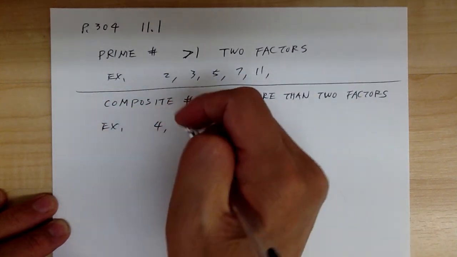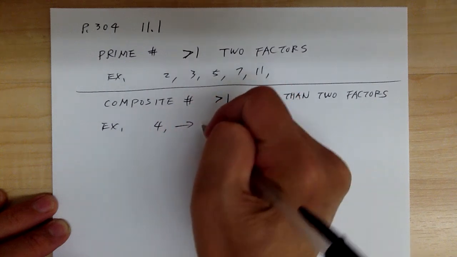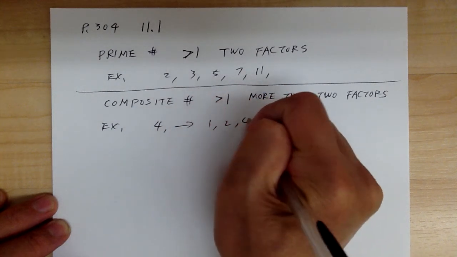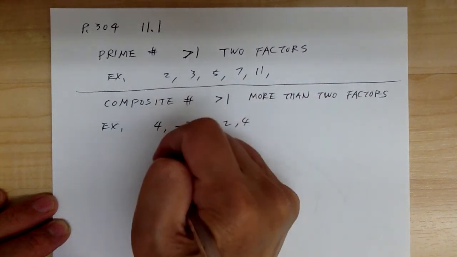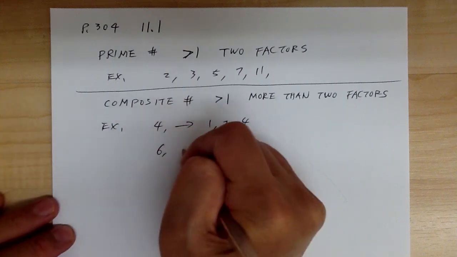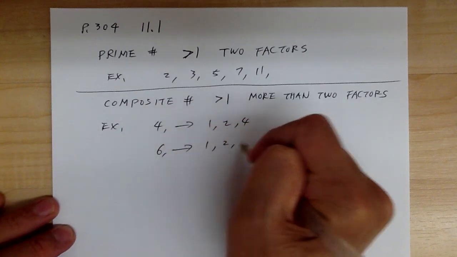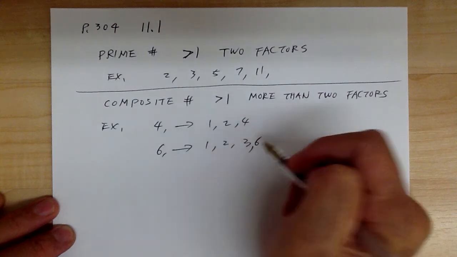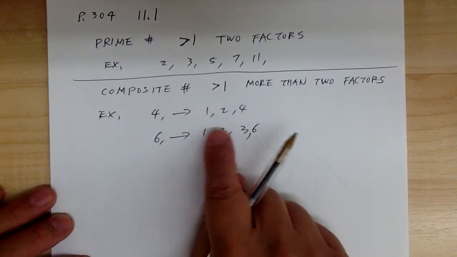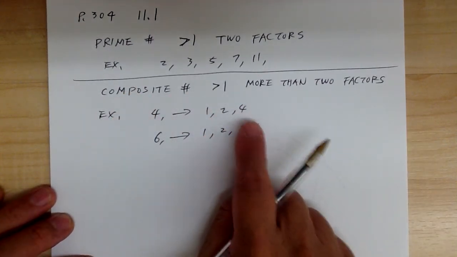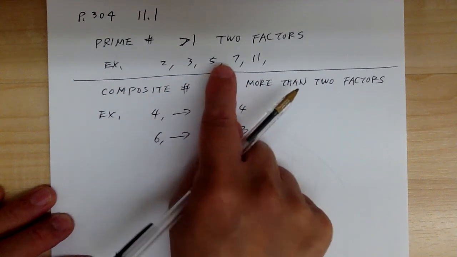This one has factors of 1, 2, and 4. Another example would be 6, because this one has 1, 2, 3, 6. So composite is when you have more than two factors.